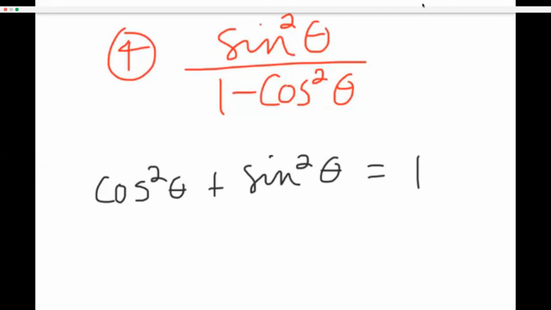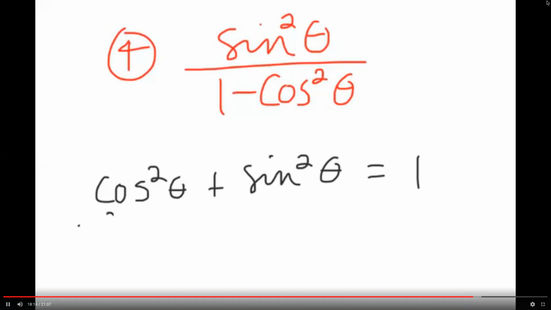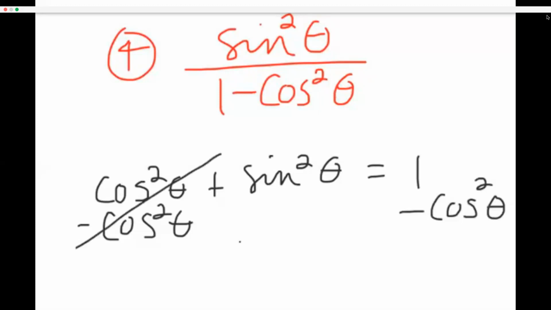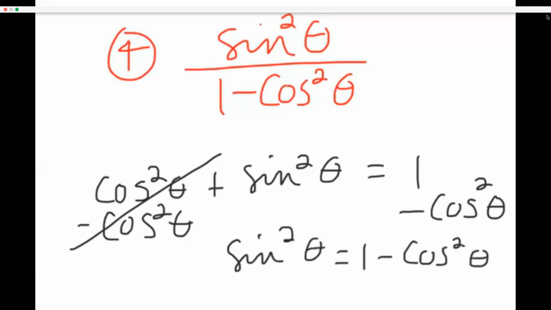So I'm just gonna go ahead and solve for sine squared theta using the properties of equality. So what am I doing? I'm subtracting cosine squared theta from both sides. And once I subtract the cosine squared from both sides, what am I left with? Sine squared theta, look at that, is equal to 1 minus cosine squared theta, shazam.